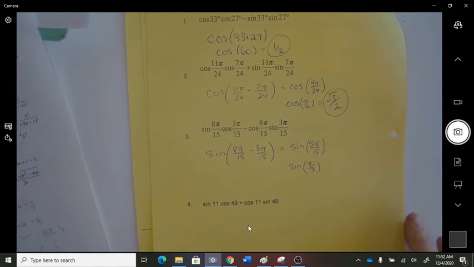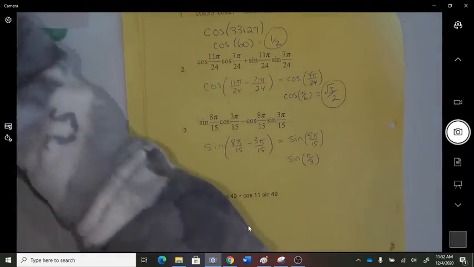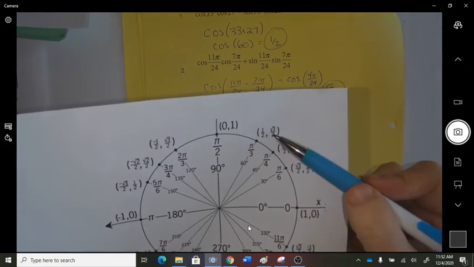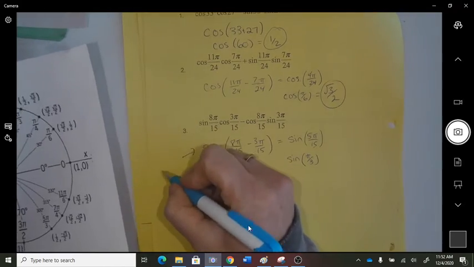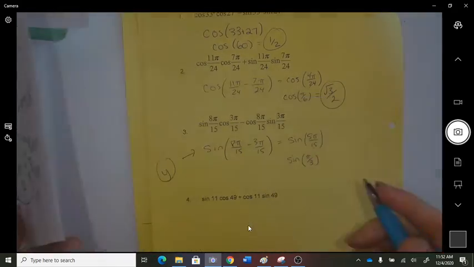Okay, and now I go to pi over 3 on my unit circle. So there I am on my unit circle, and sine is the y coordinate. So I look for the y coordinate, and it's root 3 over 2.